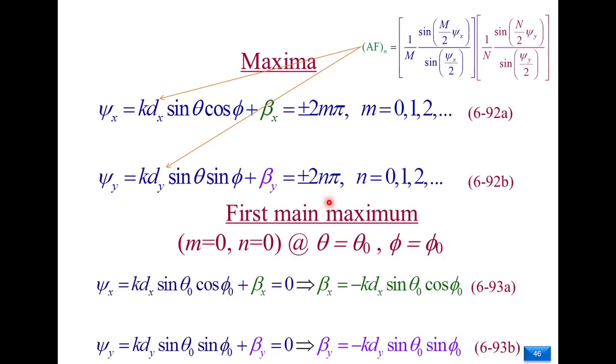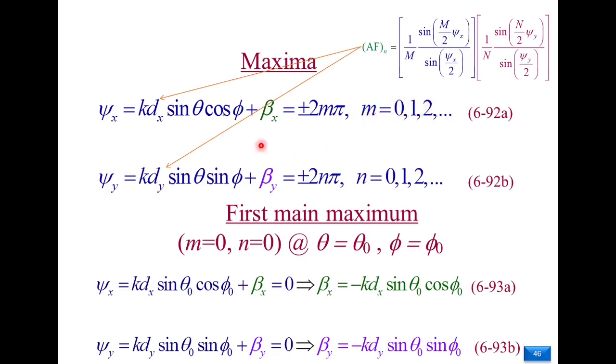Okay, as we did with a single dimensional array, we would like to study the position of the maximum, the position of the nulls, and so on and so forth. So the maximum for the array factor along x is the maximum of this sinc function, and we did this before. This is happening when psi equal plus minus 2m pi, where m is an integer, where m is 0, 1, 2, and so on.